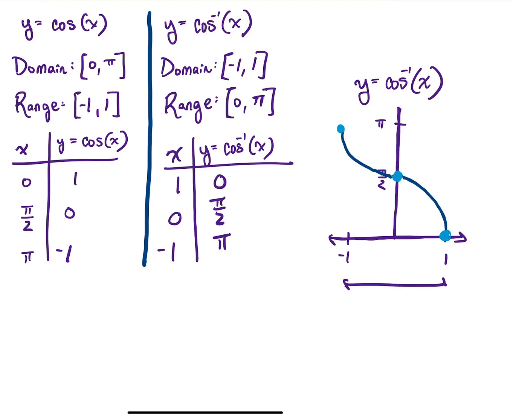So between -1 and 1 as the restricted input, and between 0 and pi for our output. So let's look at a few similar questions involving the inverse cosine.